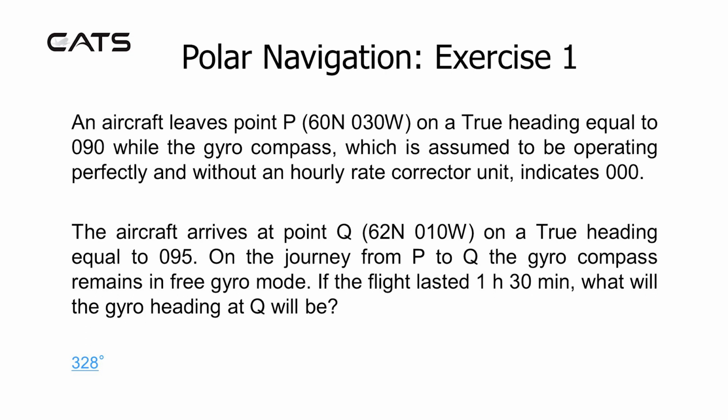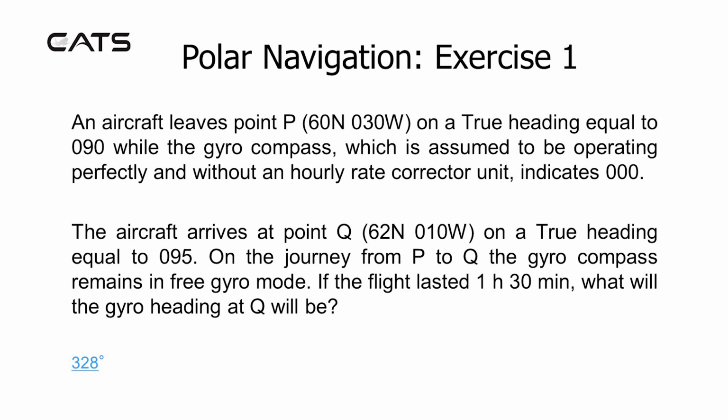The aircraft arrives at point Q, 62 north, 010 west, on a true heading equal to 095. On the journey from P to Q, the gyro compass remains in free gyro mode. If the flight lasted 1 hour 30 minutes, what will be the gyro heading at Q?